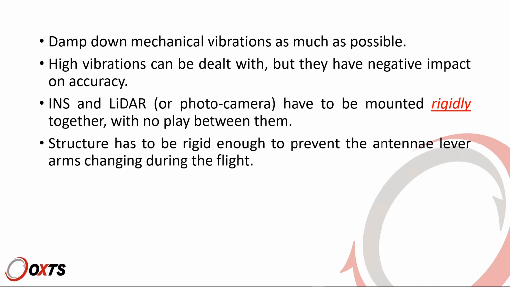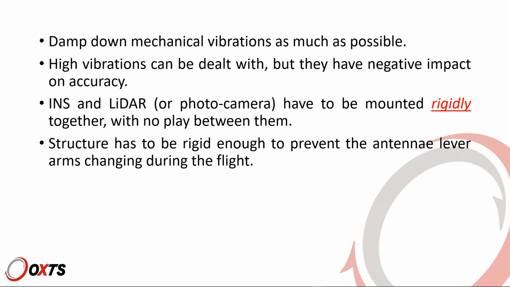Another important aspect related to vibrations is that if the arms on which you will have installed the antennas vibrate too much, it means that the lever arm, that's the distance between the antenna and the INS, can change significantly during the flight. And this is not good.